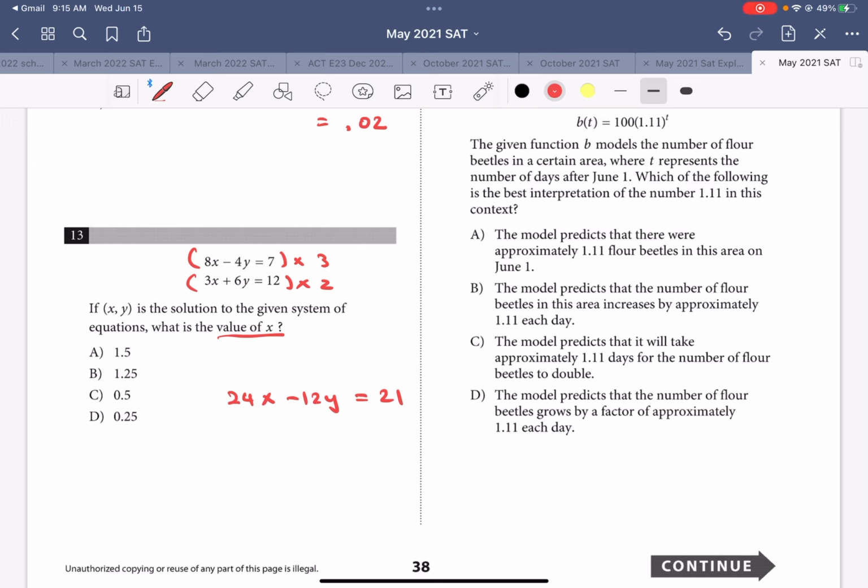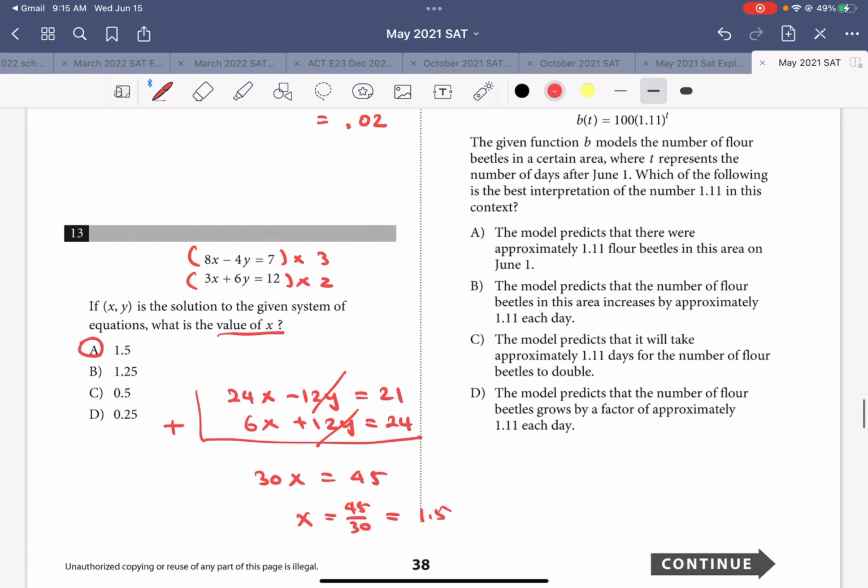That's the first equation. Now when you multiply by 2 in the second equation, 6x plus 12y equals 24. Now you add up, then you can eliminate variable y, and 30x equals 45. So x is 45 over 30. When you calculate it, 1.5. So A is the answer.